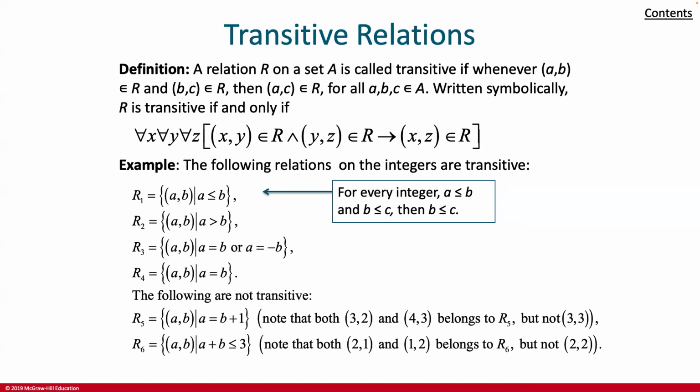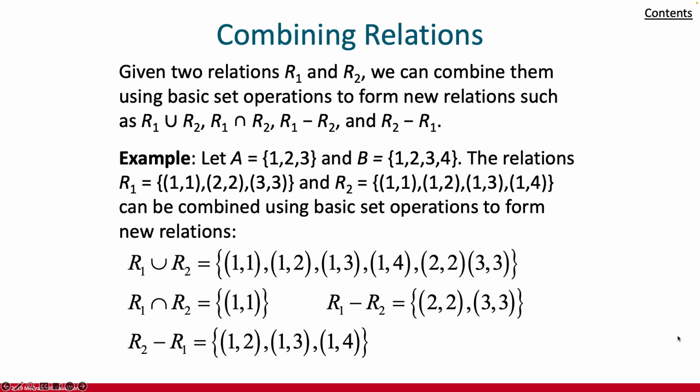Suppose that X is related to Y and Y is related to Z. This means that X has taken more credits than Y and Y has taken more credits than Z. We can conclude that X has taken more credits than Z, so that X is related to Z. What we have shown is R has the transitive property, which is defined in this definition. And there's an example, which once again, I won't go through in detail.